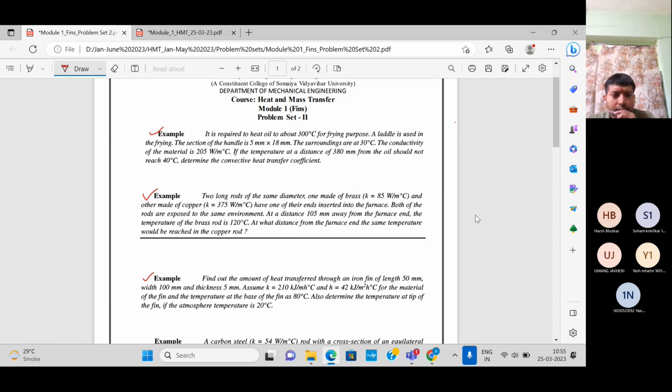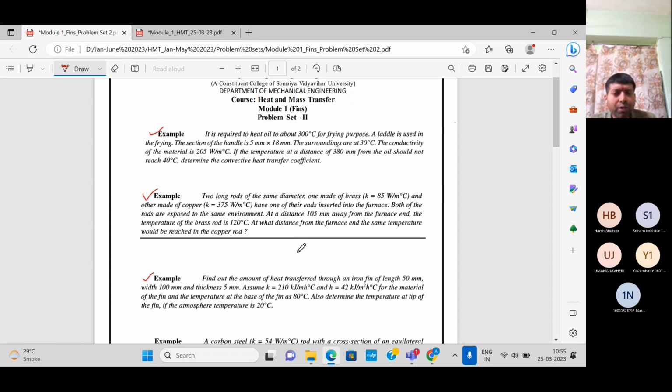Both the rods are exposed to the same environment. At a distance 105 mm away from the furnace end, the temperature of the brass rod is 120 degrees Celsius. The question is at what distance from the furnace end the same temperature would be reached in the copper rod.